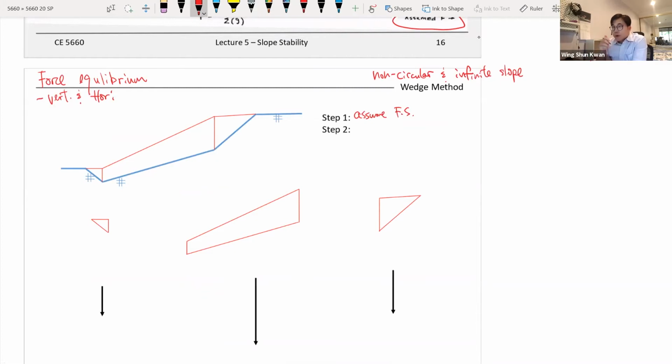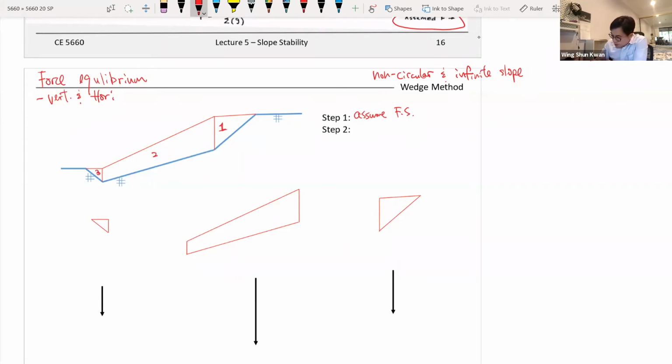And then, the way it works, you will divide your failure wedge into different sections. So in this case, for example, we divide it into 3 different sections, 1, 2, and 3 right there.